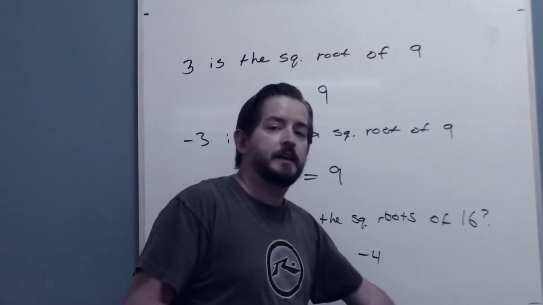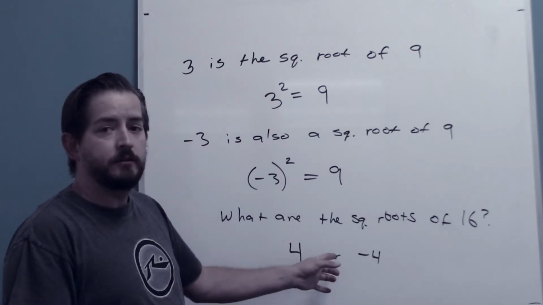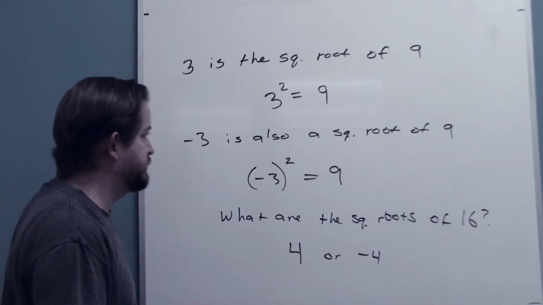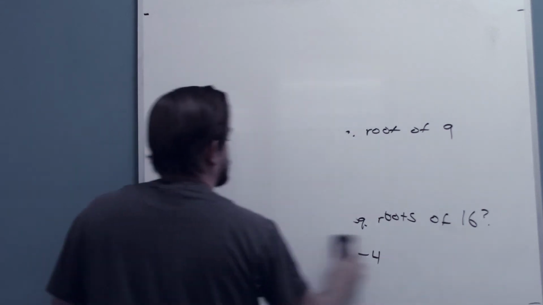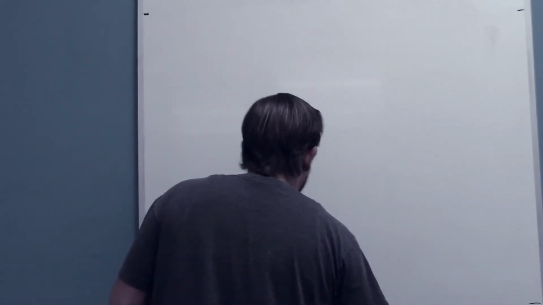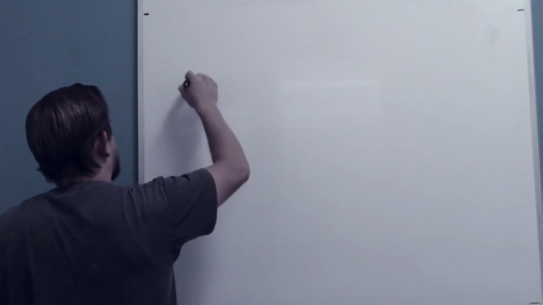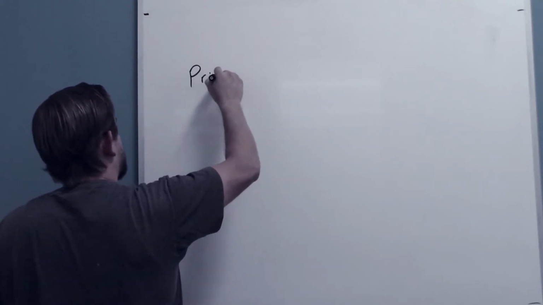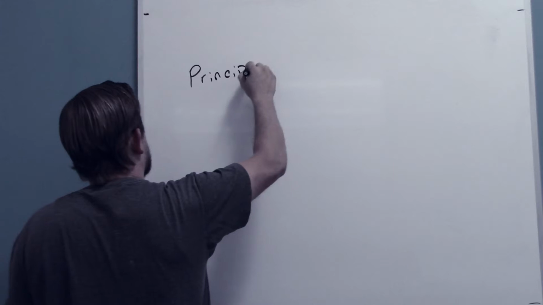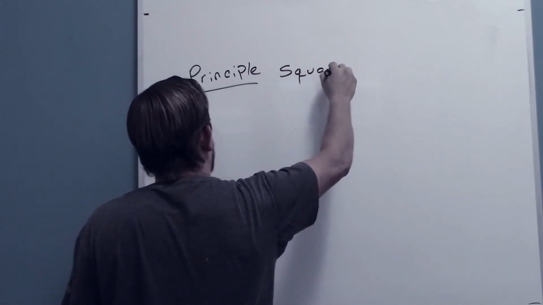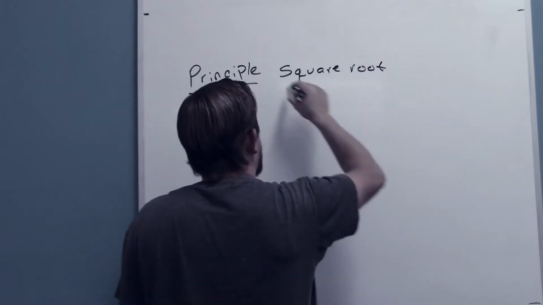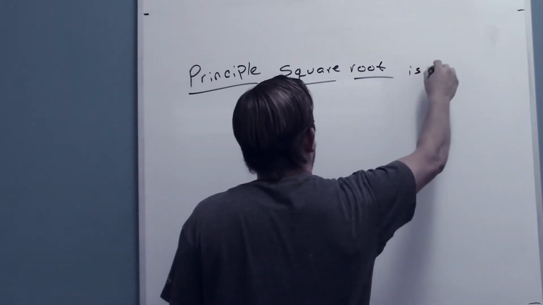In math, we don't like ambiguity. We don't like that there's two possible ways to express this. And therefore, the mathematical symbol for the square root actually means the principal square root. The principal square root is the positive one.